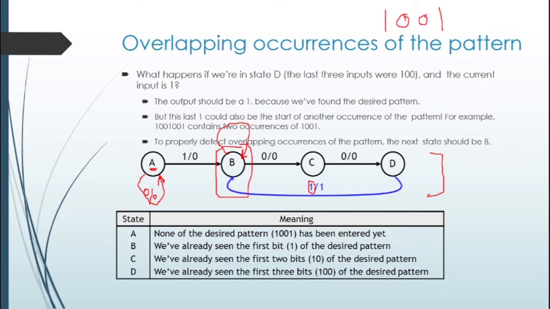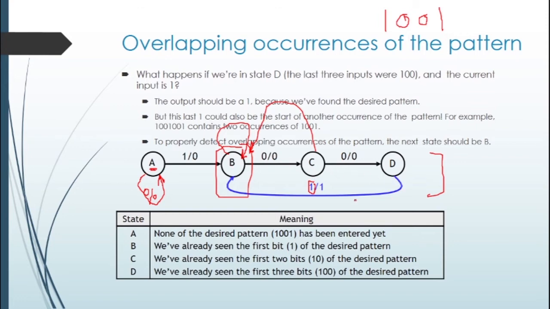The pattern is broken, so the pattern is not going to complete. From C it will go back to B, because it's again on the first step of the pattern. That's the only solution for this scenario. So from C it either goes to D or goes back to B.